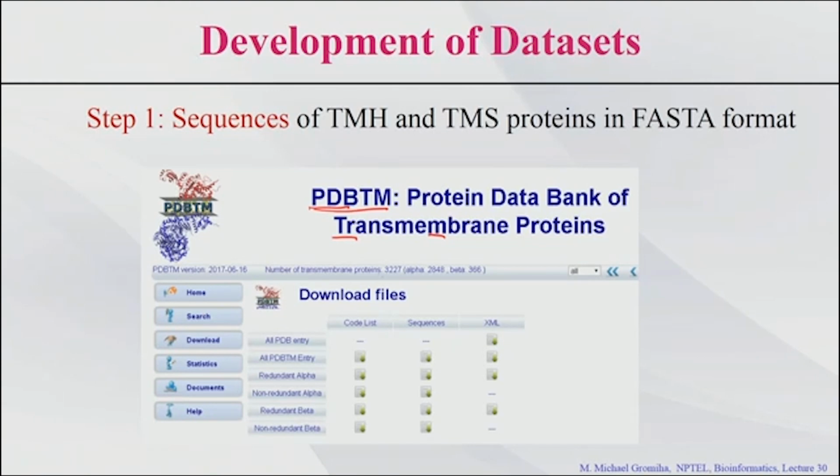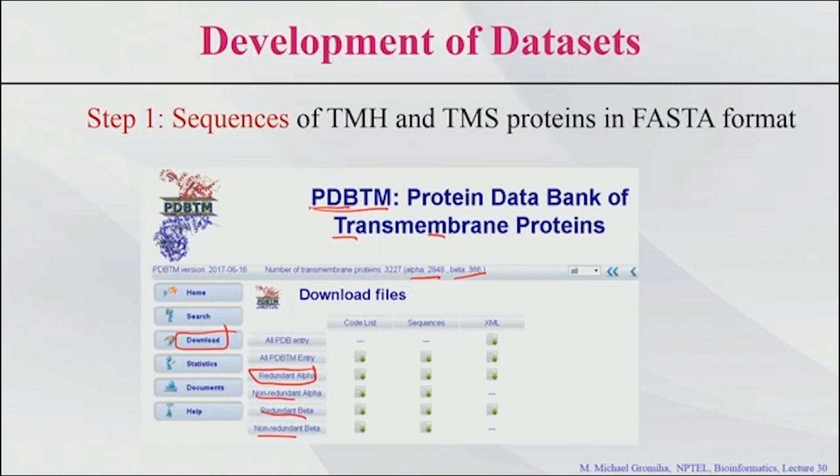Currently we have about 3000 alpha as well as about 300 beta-barrel proteins. In the download option, you can get the redundant alpha and the non-redundant alpha, also the redundant beta and non-redundant beta.